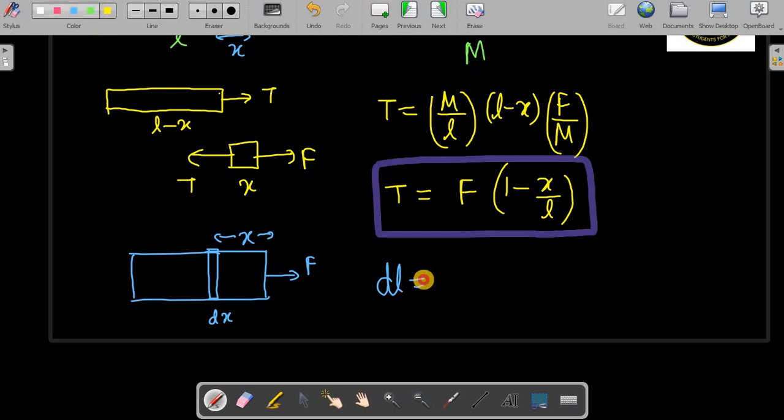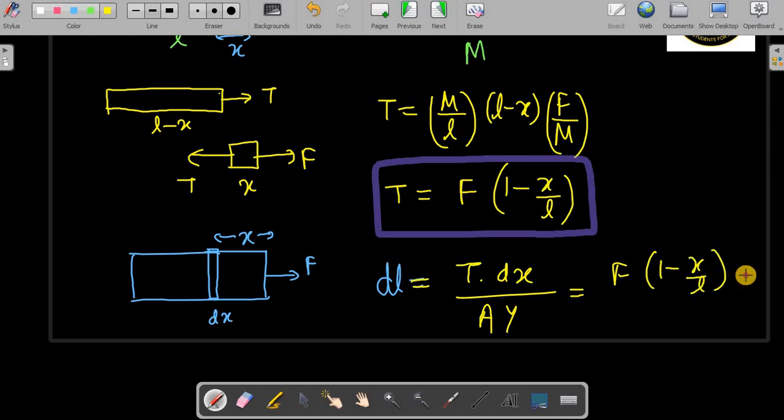So this small elongation dl equals tension there times dx by A into Young's modulus. So tension is nothing but F(1 minus x by L), dx, and this is by A times Y.